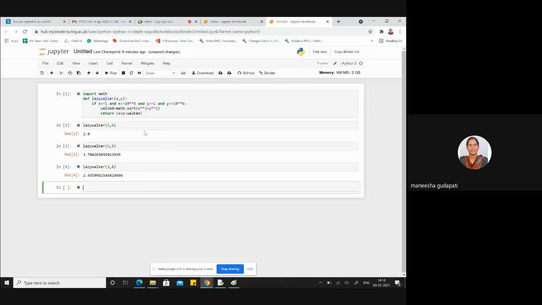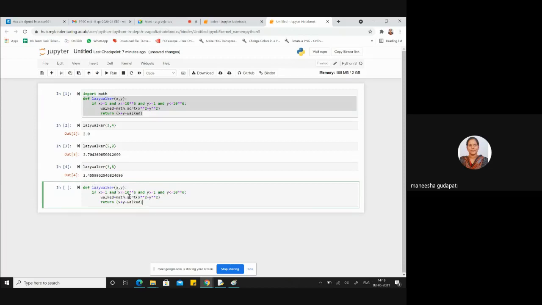Okay, so this is one way of doing the square root. The other way: suppose you forgot to use this square root function, or you forgot the module name, then how can I achieve the square root? Instead of square root, you can simply apply the power function.